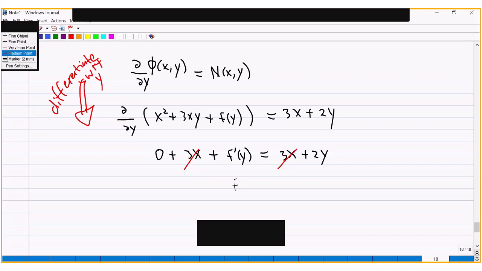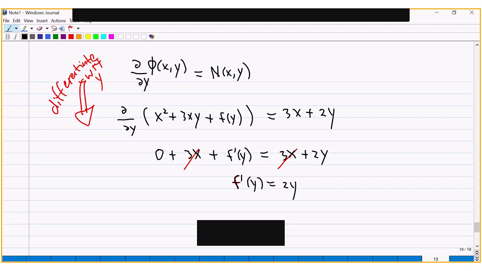So you find out that f prime y is equal to 2y. So f prime y means differentiate y, you get 2y, right?